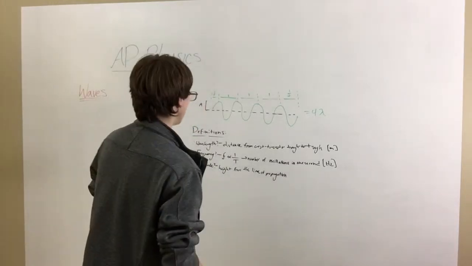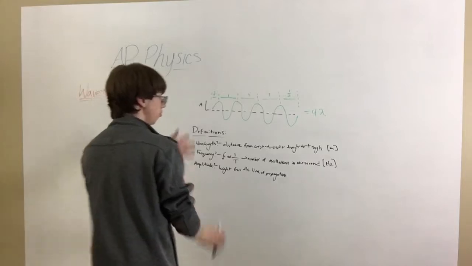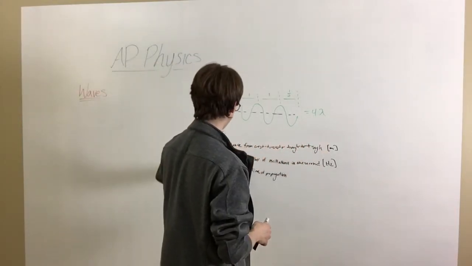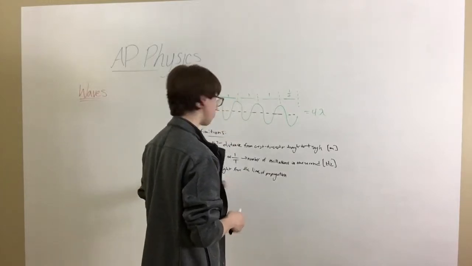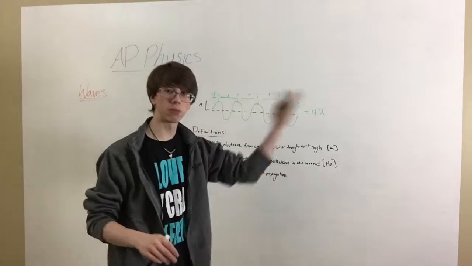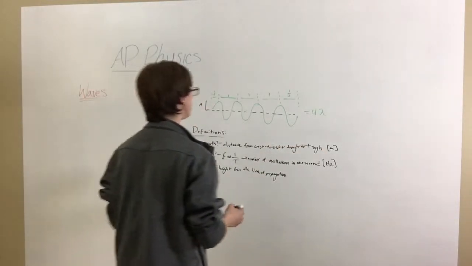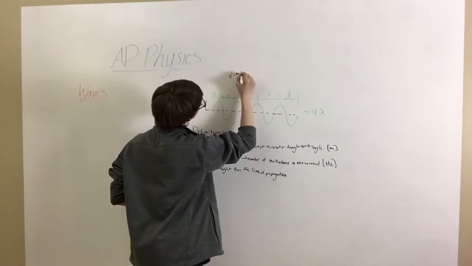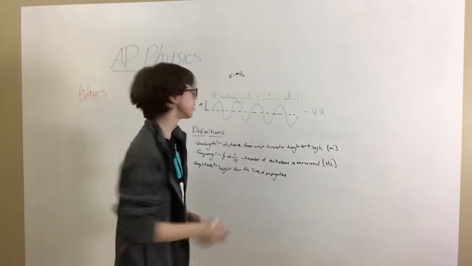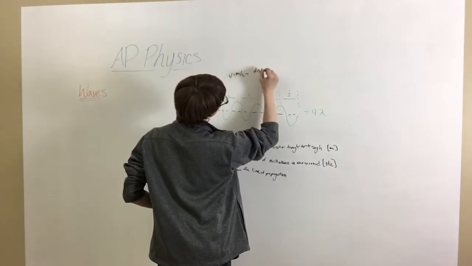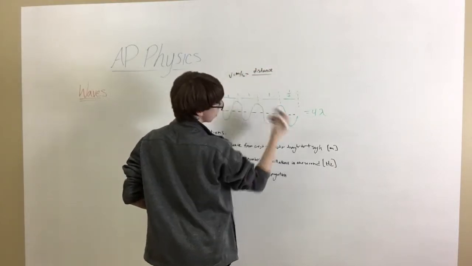Now, what happens when you, say, multiply the wavelength and the frequency? Now, before we get to that, let's ask, how do we find the speed of this wave? What is the speed of this wave? Well, speed, we'll say velocity in this case, is measured in meters per second, right? So that means we have to have some measure of distance over some measure of time.